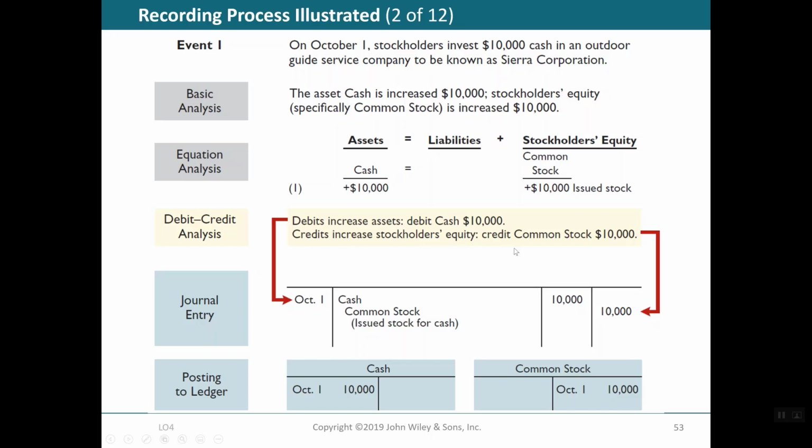Credit increases stockholders' equity, credit common stock 10,000. That was how we recorded it in the journal, right? And because we already got it right in the journal, we just transfer. 10,000 is the debit side on our cash account, and 10,000 is credited on our common stock account. Okay, I'm hoping that we are good. So basic analysis, equation analysis, debit credit analysis, then you put in the journal entries, and then you post to the ledger.